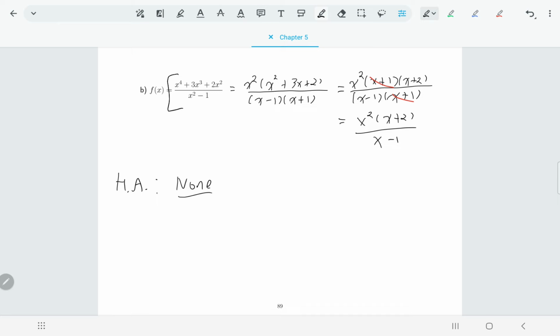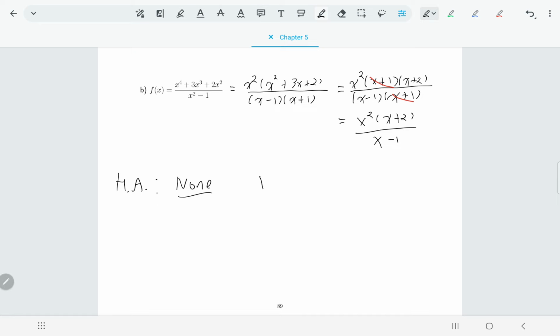In the unsimplified version, the degree of the top is 4 and the bottom has degree of 2, so top has the larger degree. And if you'd looked at the simplified version, the top has a degree of 3, x squared times x, and the bottom has a degree of 1, just x. So either way, the top has the bigger degree, which means no horizontal asymptote.